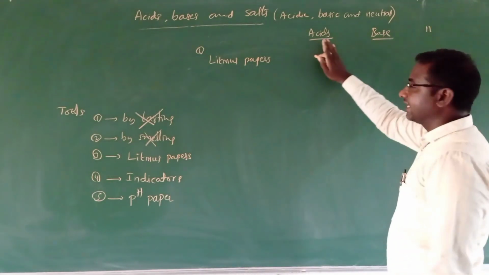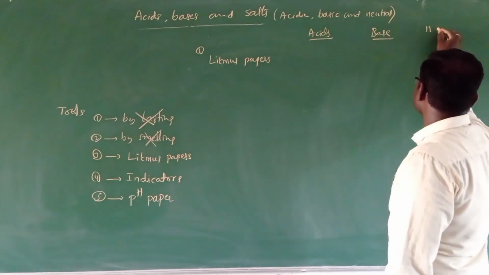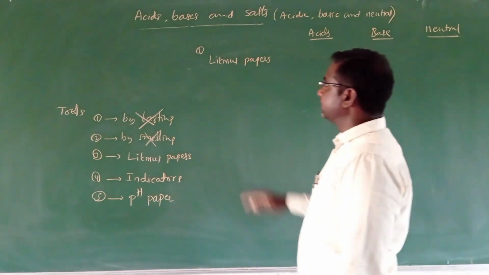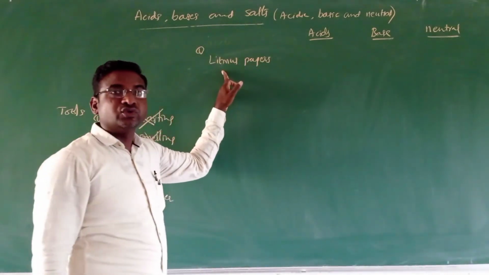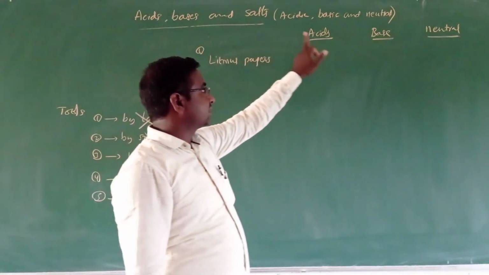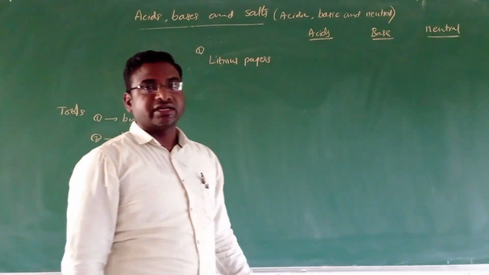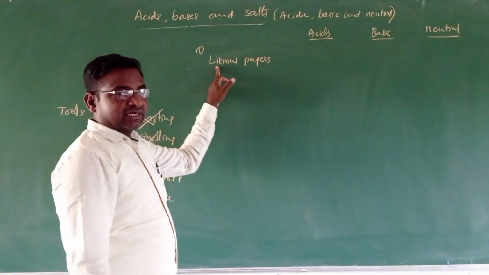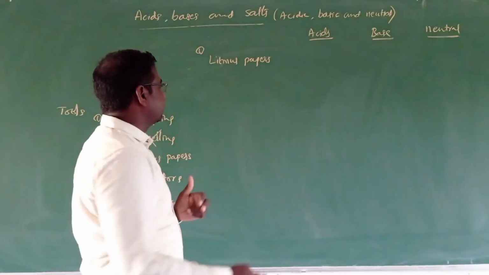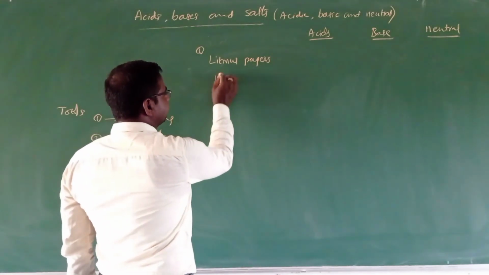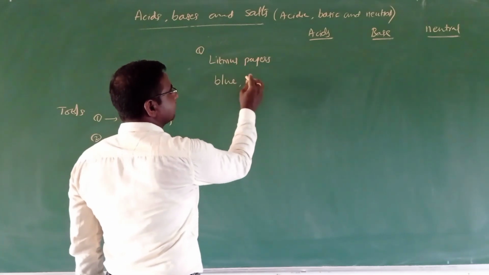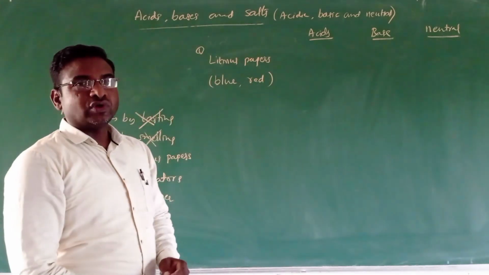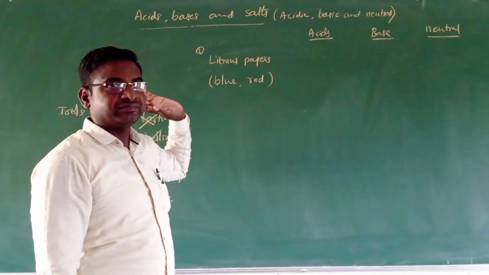If it is not acid and not base, then it is neutral. Now with the help of litmus paper, how do we identify acids, bases or neutral compounds? Litmus papers we can get in two forms: blue litmus paper and red litmus paper.